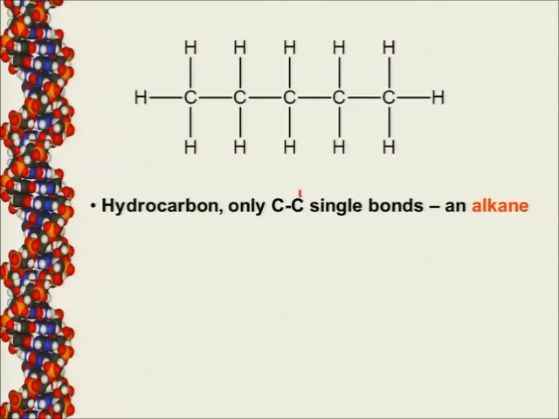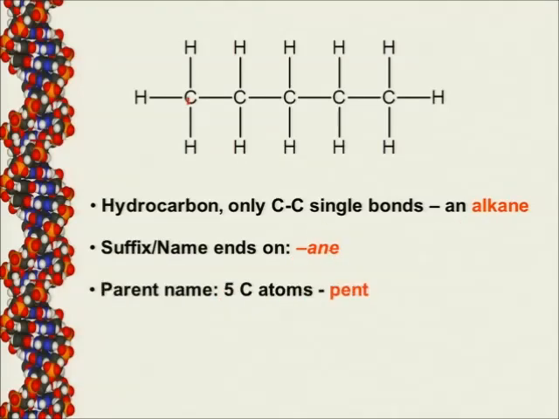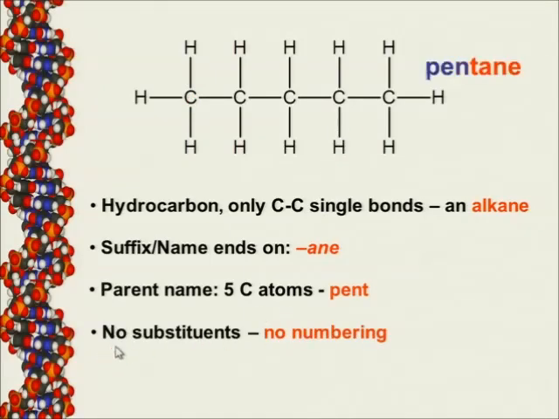We said first you check that you've got single bonds between all the carbons that are there. Therefore it belongs to the alkane, and then it will end with ANE. And then we said you've got 5 carbons, and there are no substituents, and therefore the name will be pentane.